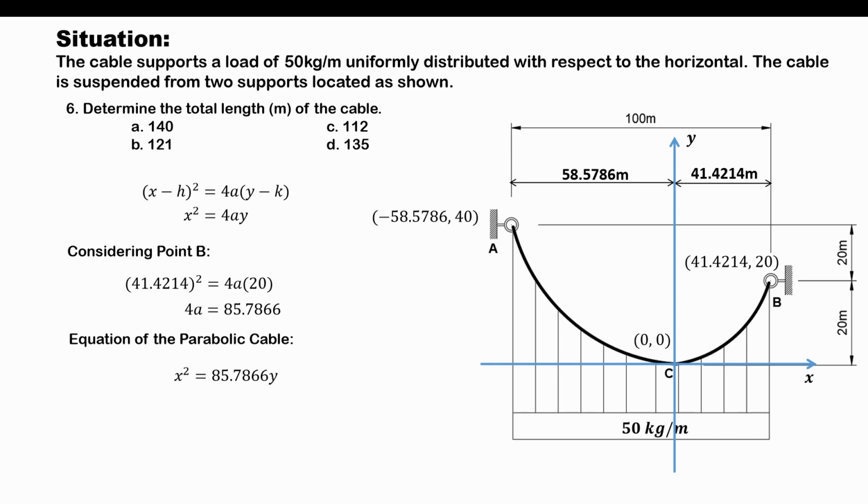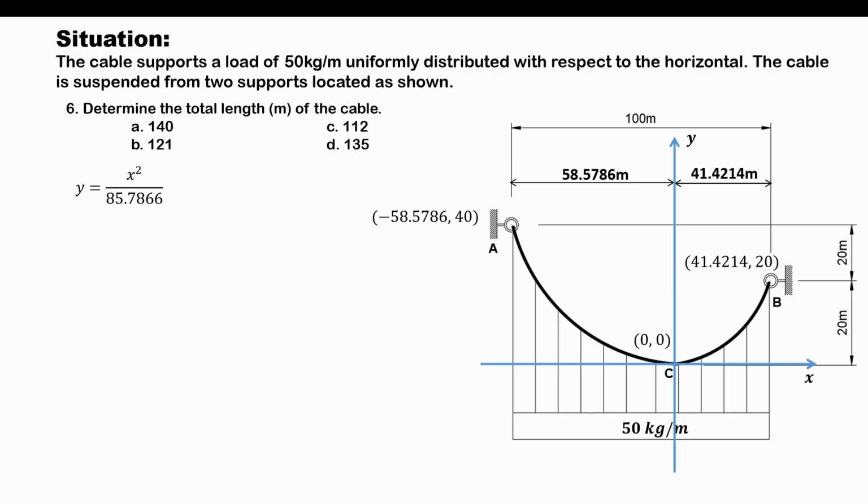So I'll just need to simplify this equation into a y function in terms of x. We'll just divide both sides by 85.7866. So the equation of the parabolic cable would now be: y is equal to x squared over 85.7866.